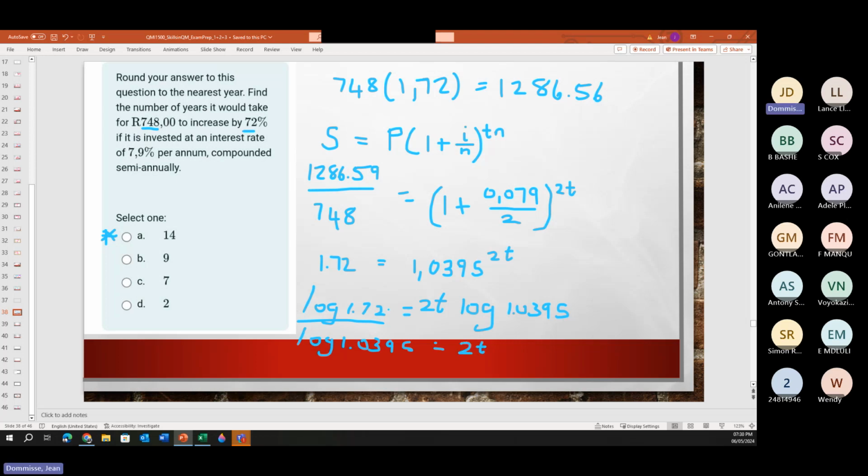So let's quickly check what that will be. The log of 1.72 I get 0.2355 divided by the log of 1.0395.